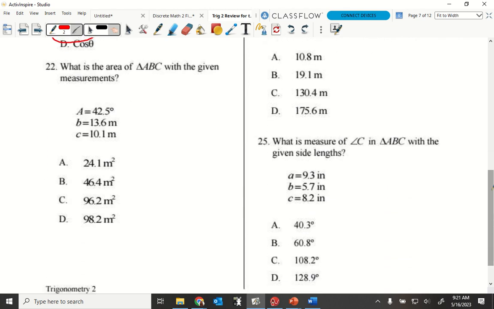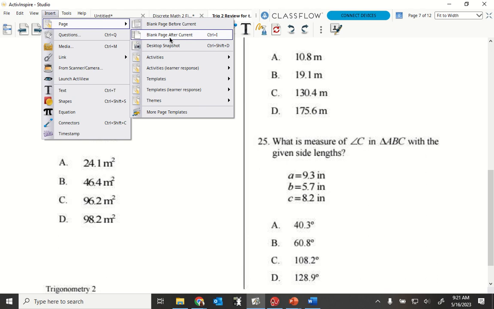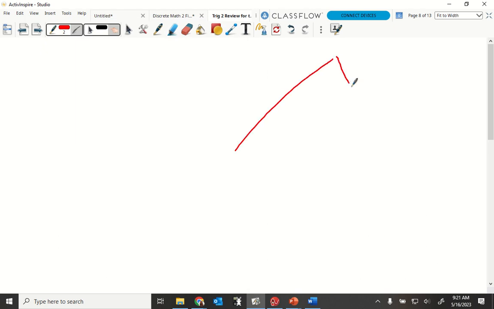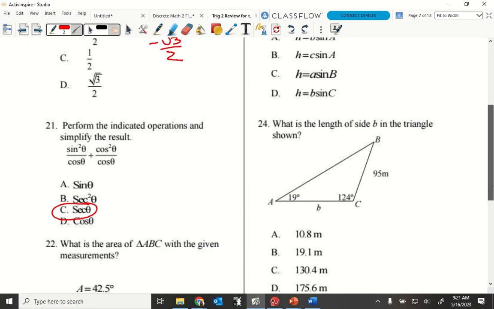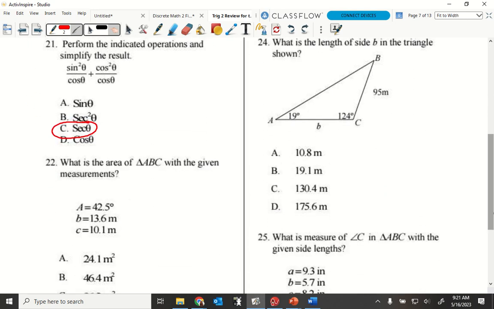Find the area of this triangle given the measurements. So I'm going to go through and start by drawing the triangle. And it said A was 42.5.